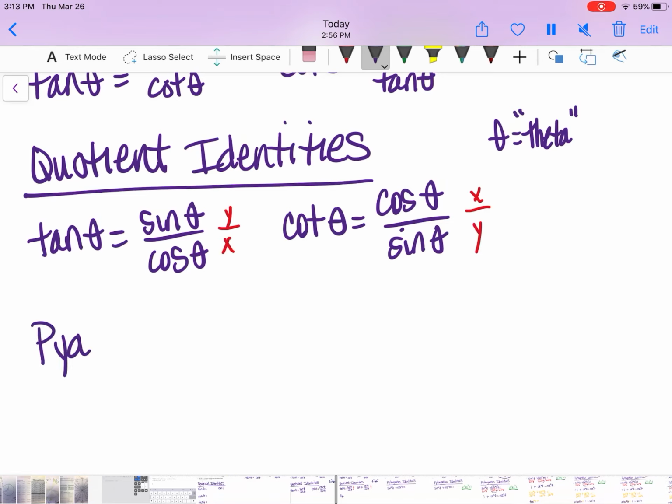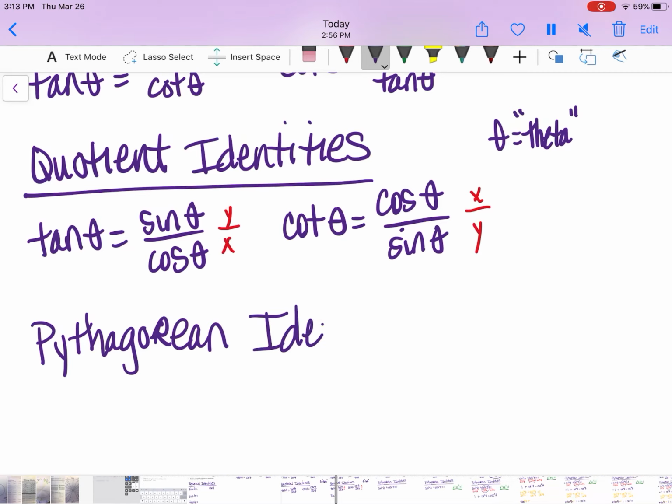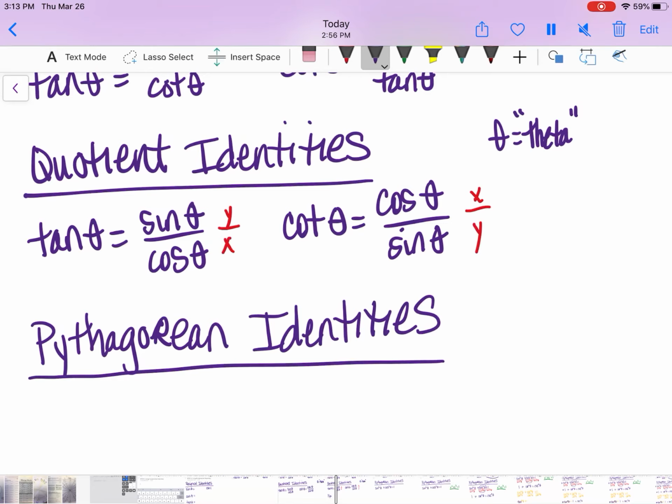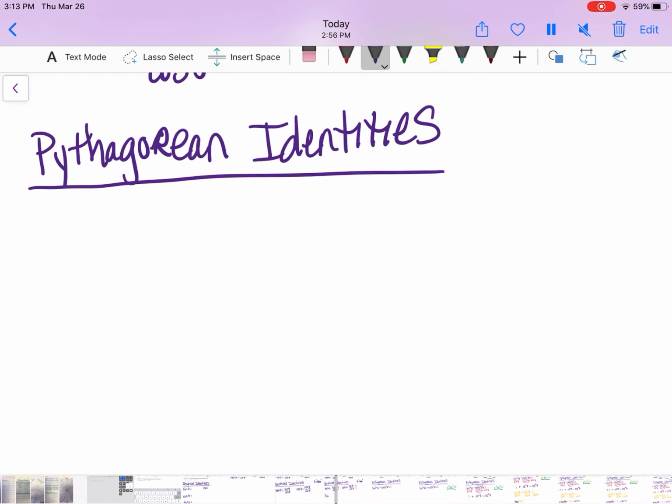Okay, so those 2 quotient identities would also be something that I would want you to know or to have memorized. The next set that I would want you to memorize would be the Pythagorean identities. And there are 3 of those. And with the Pythagorean identities, when you write those out, our first one is sine squared theta plus cosine squared theta equals 1.